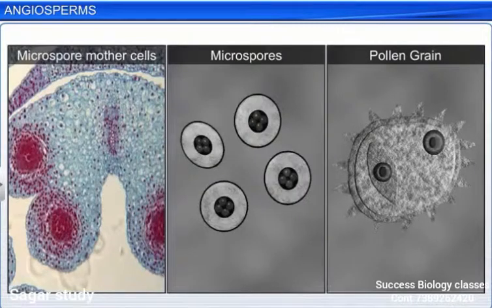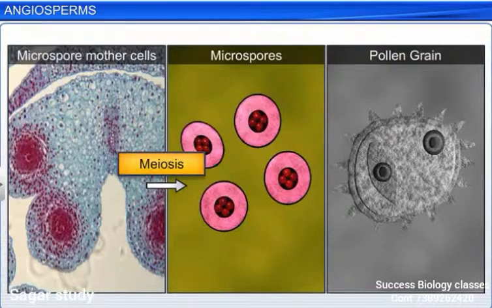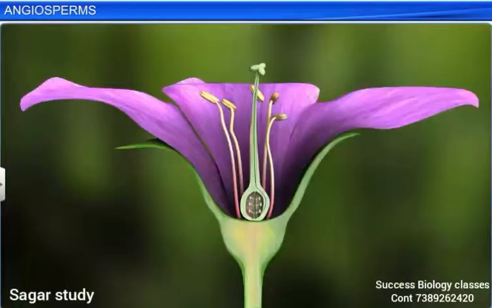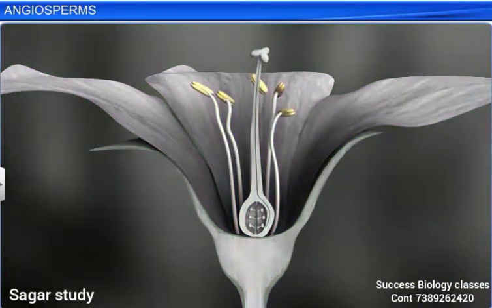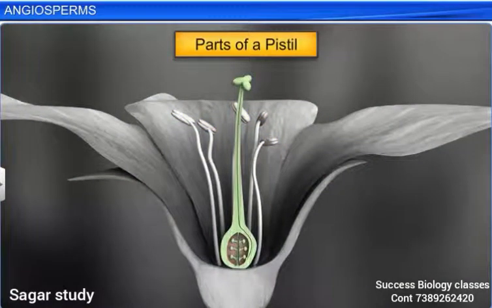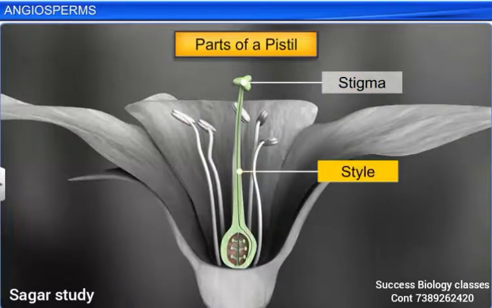These mother cells undergo meiosis to produce microspores, which then develop into pollen grains, the male gametophytes. The pollen grains are produced inside the anther. On the other hand, the pistil consists of the stigma at the tip, followed by the style in the middle, and an ovary at the base.